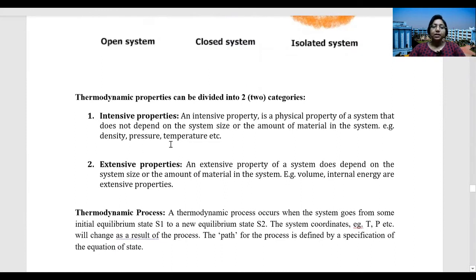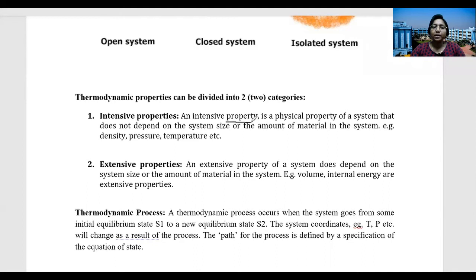Next are the thermodynamic properties. These are macroscopic properties. We can divide them into two categories: number one, intensive properties; number two, extensive properties. What are intensive properties?